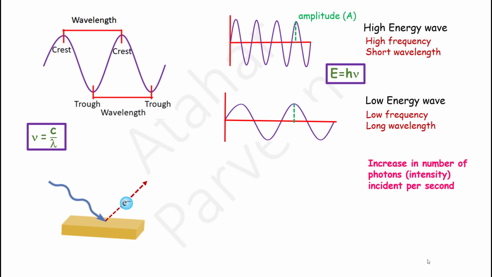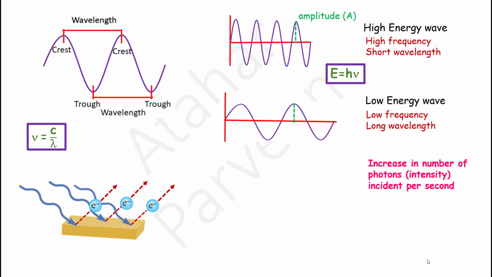If I want to increase the intensity of the light ray, what will I do? I will give more light rays, right? So now I am increasing the light waves. This increase in light waves is nothing but an increase in intensity, which in turn is increasing the number of electrons ejected. That means more photoelectrons are ejected with more intensity.